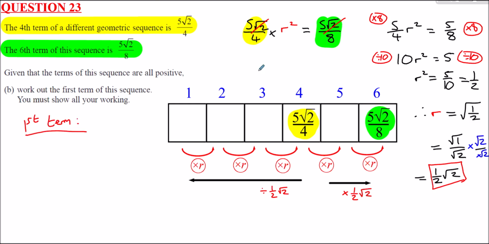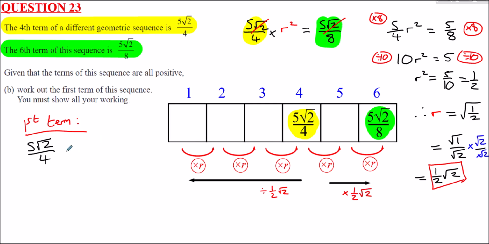So if we start at the fourth term, which is 5 root 2 over 4, going back, we'd have to divide by half root 2 once, divide by half root 2 again, divide by half root 2 for a third time.